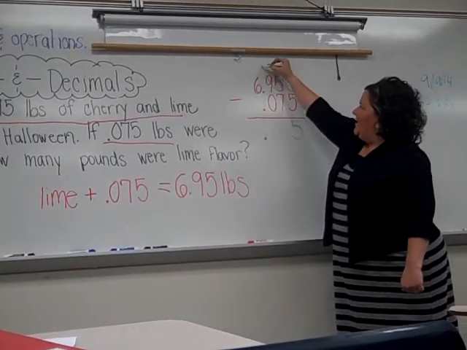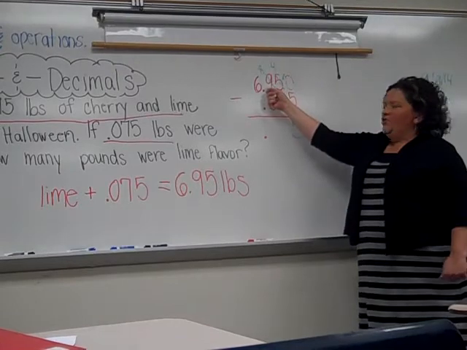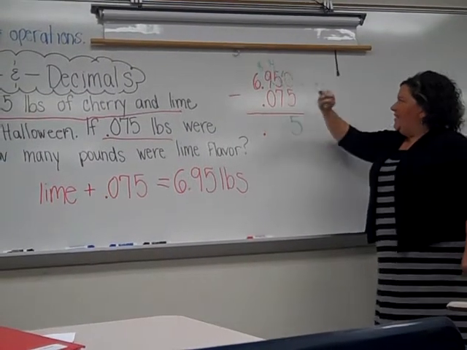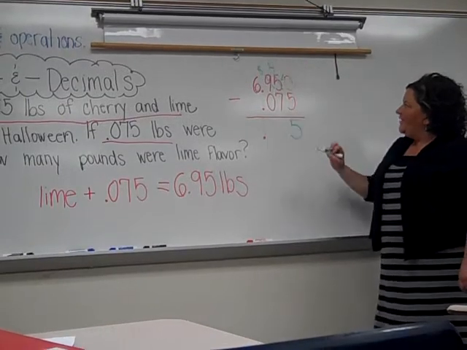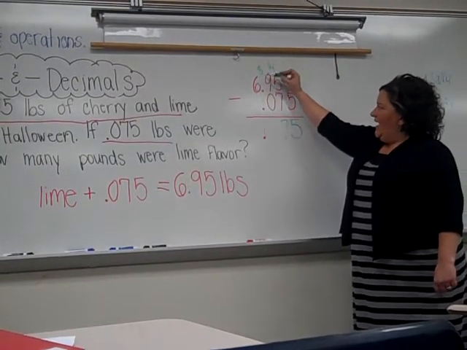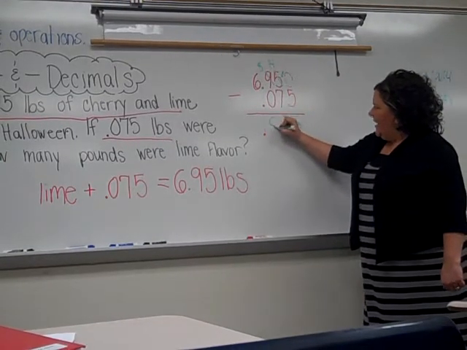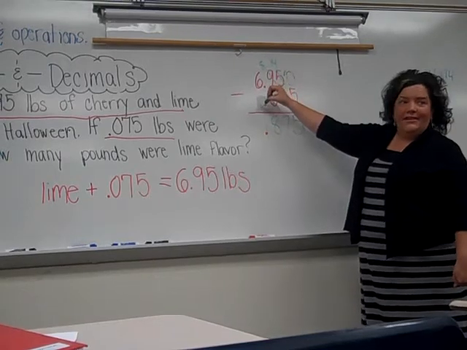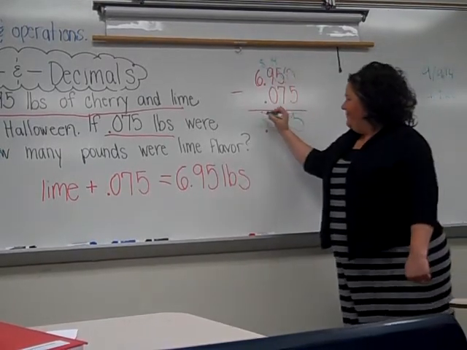Borrow from that 9, make it an 8. The 1 you took away from that 9, we're going to put in the tens place value with the 4. 14 minus 7 is 7. 8 minus 0 is 8. And 6 from nothing is 6. Excellent.